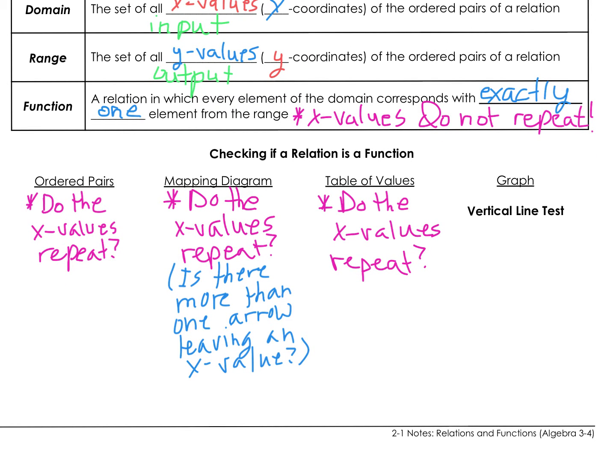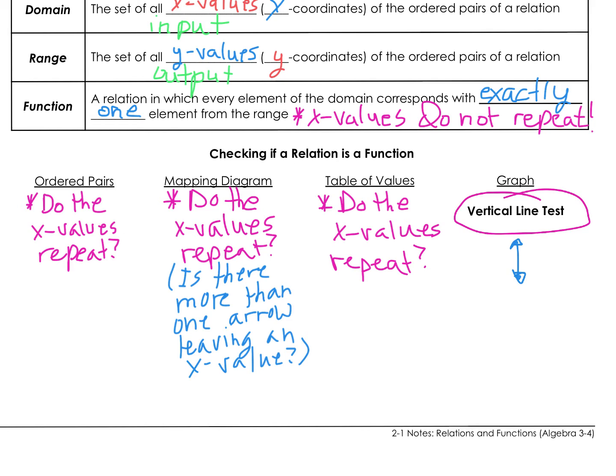So the graph is going to use the vertical line test. Well, what does that mean? Remember that a vertical line is going to go north and south. If you don't remember what a vertical line is, it's north and south. And so you're looking to lay that vertical line anywhere across the graph, and you're trying to determine, is the graph touching that vertical line more than once?